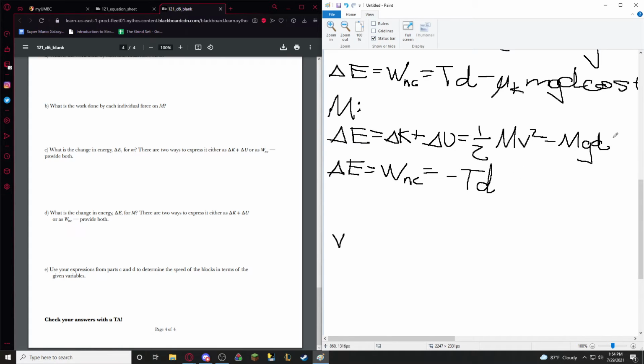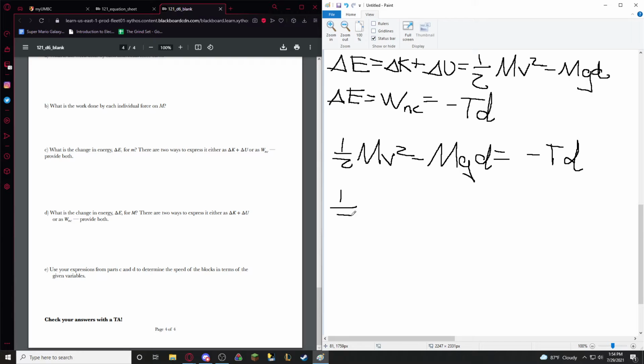Yep. I'd say this right here would be a good starting point, where we have our delta E for big M. We can write it in terms of half mv squared minus mgd, or minus td. And we know that those are going to be equal to one another, right? So we can just equate them. So we have half big M v squared minus big M gd is equal to minus td.